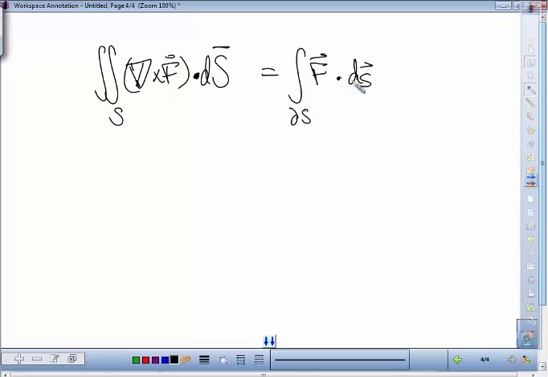So you're trading a flux integral for a line integral or vice versa. Now let's say you start off with a hemisphere so that your boundary is a circle, right?